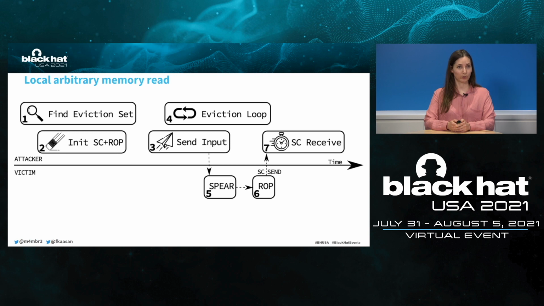We demonstrate a local arbitrary memory read attack using the Spear architectural backward edge overwrite attack vector. The scheme here shows an overview of the steps required to perform the attack. The attack has a preparation phase in steps 1 and 2, where eviction sets are identified, memory used by the side channel is flushed, and ROP gadgets are prepared.